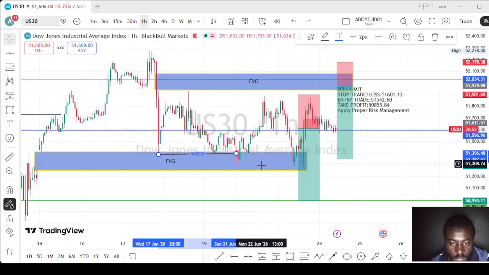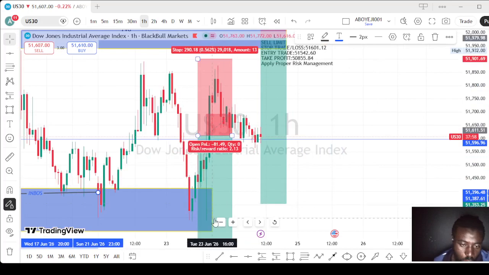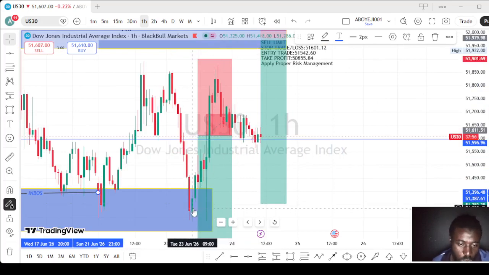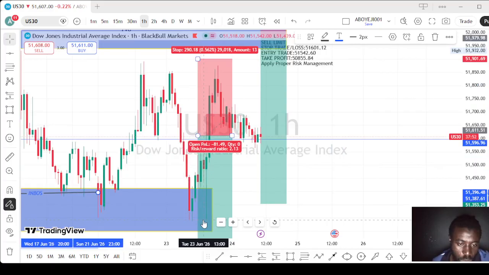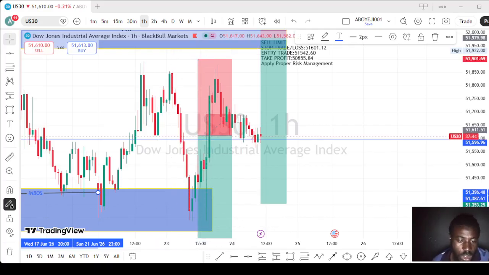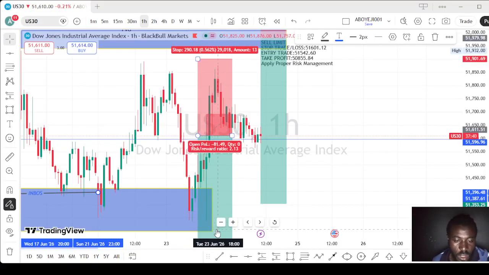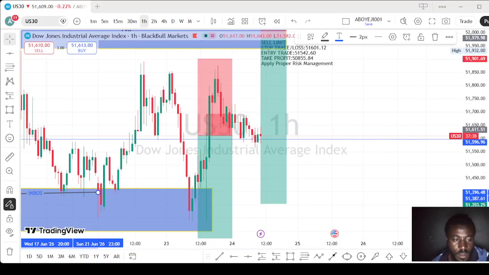But if you can see, there is no break of structure. This second weak candle passed this first weak candle. So this is a break of structure. The market came back to here. We are having another break of structure here.